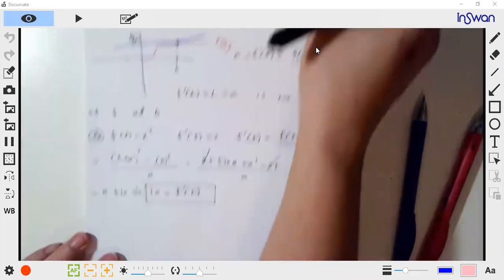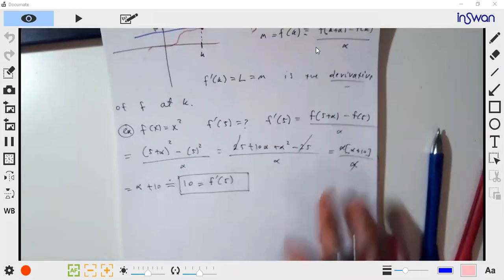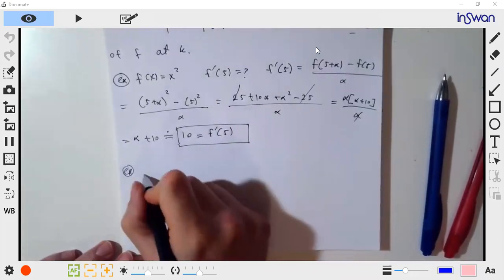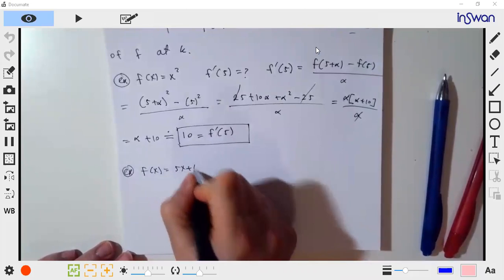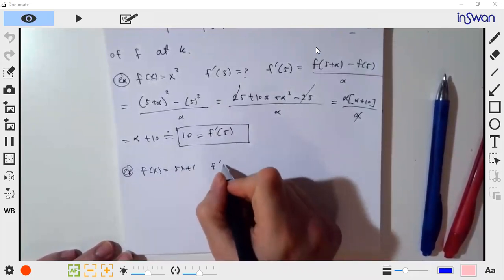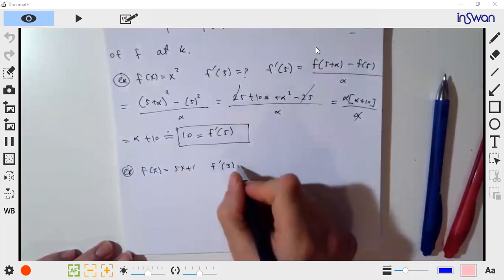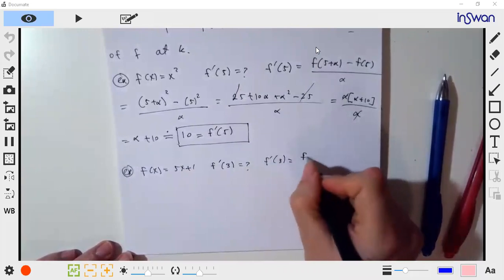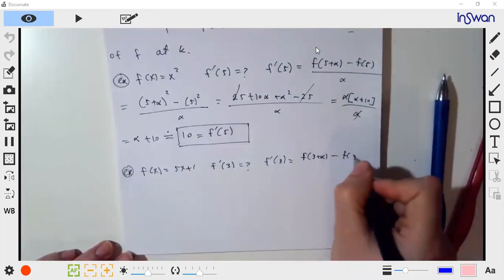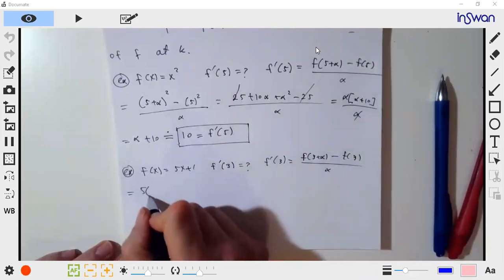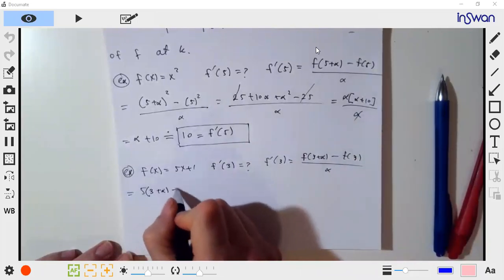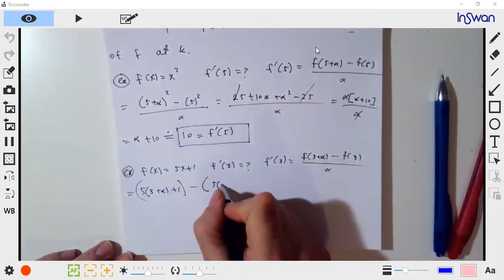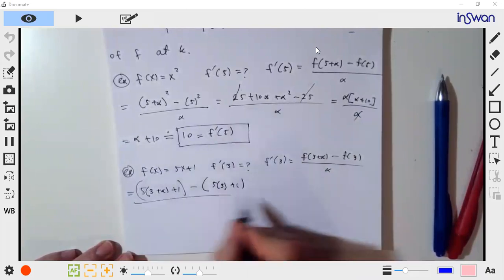Let's do another example. Let's do f of x is equal to 5x plus 1, for example. So we wish to find what is the derivative of the function at 3. Well, f prime of 3 is equal to f of 3 plus alpha minus f of 3 all over alpha. This is the same thing as 5 times the quantity 3 plus alpha plus 1, minus 5 times the quantity 3 plus 1, all over alpha.